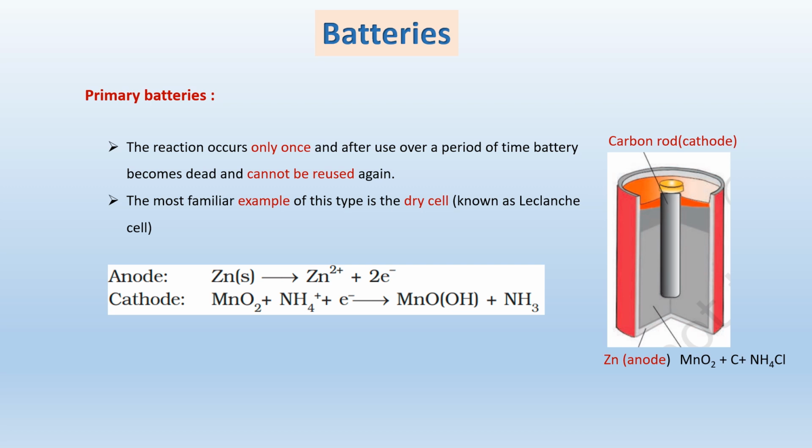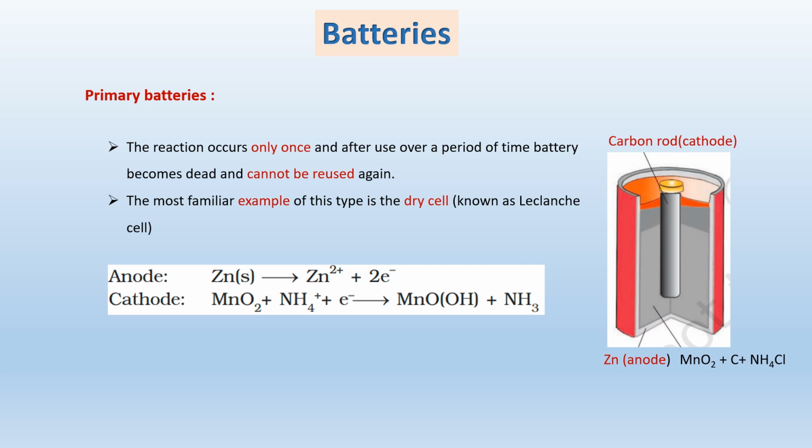Coming to the electrochemical reaction, in the anode the oxidation takes place and in the cathode the reduction takes place. So zinc gets oxidized and the electron moves to the cathode, where the reduction happens, manganese oxide to manganese oxohydroxide. That is, it is reduced. Hydrogen was added, which means it undergoes reduction.